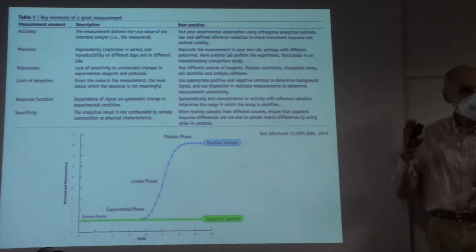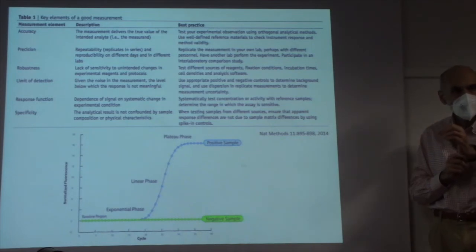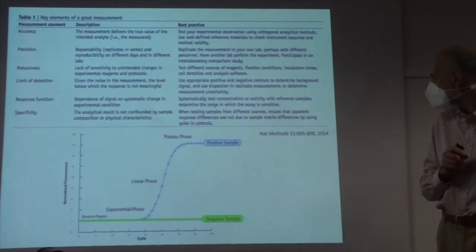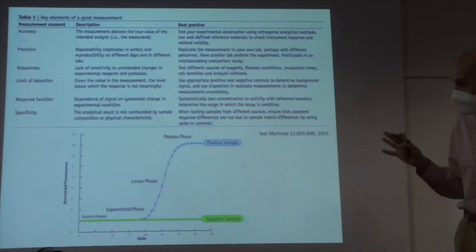That is, you are in the range in which the relationship between what you read, fluorescence in this case, directly relates to the property you're interested in, the amount of DNA in the starting solution. Okay, so this is very important.